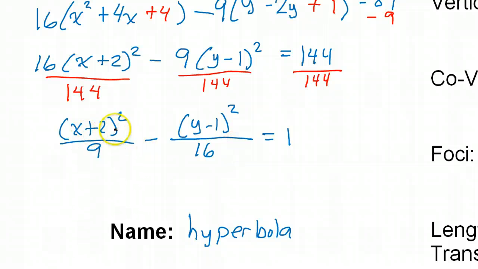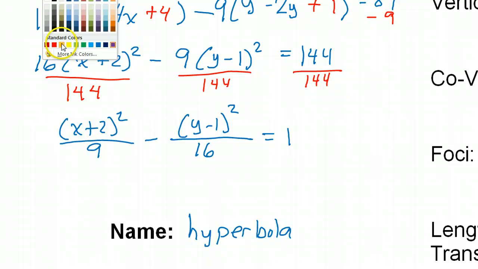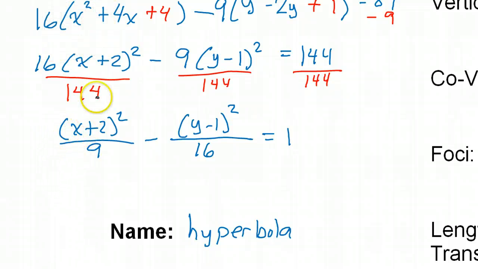For a hyperbola, it doesn't matter which one is bigger. What matters is the one that comes first, the positive one. So we always call that positive one the a value, even if it's smaller. I'm definitely going to graph this in the x direction because it came from the x part of the equation.